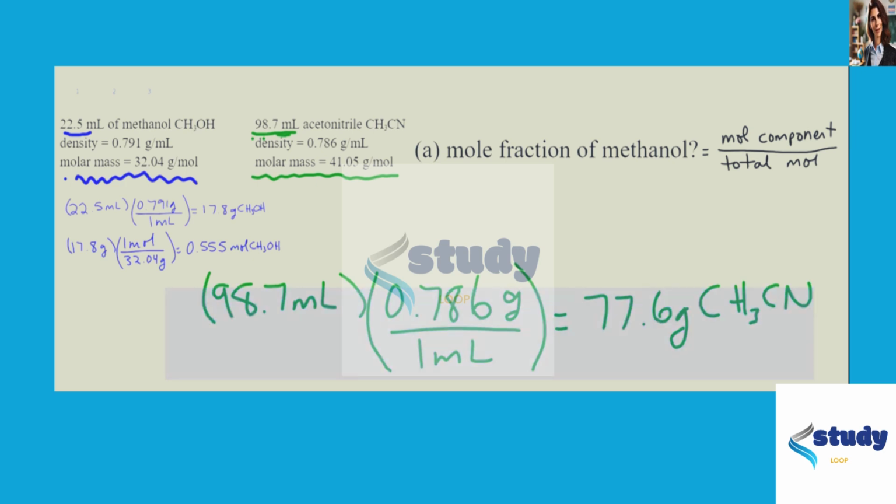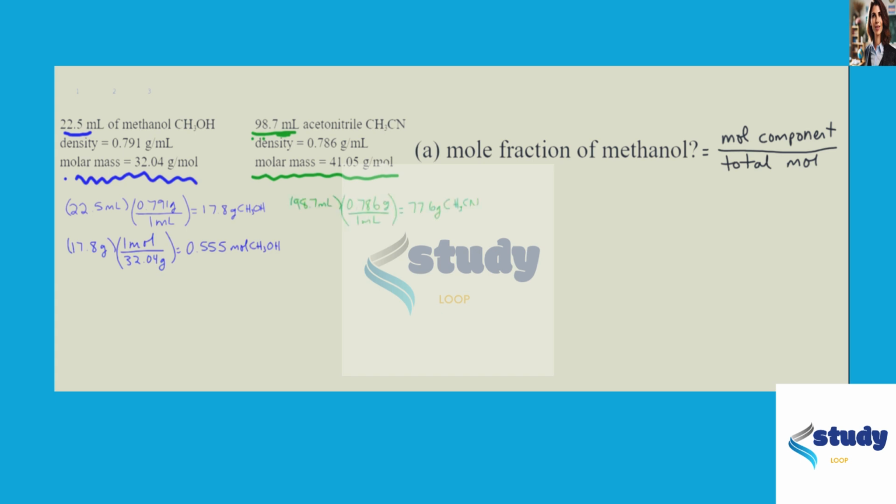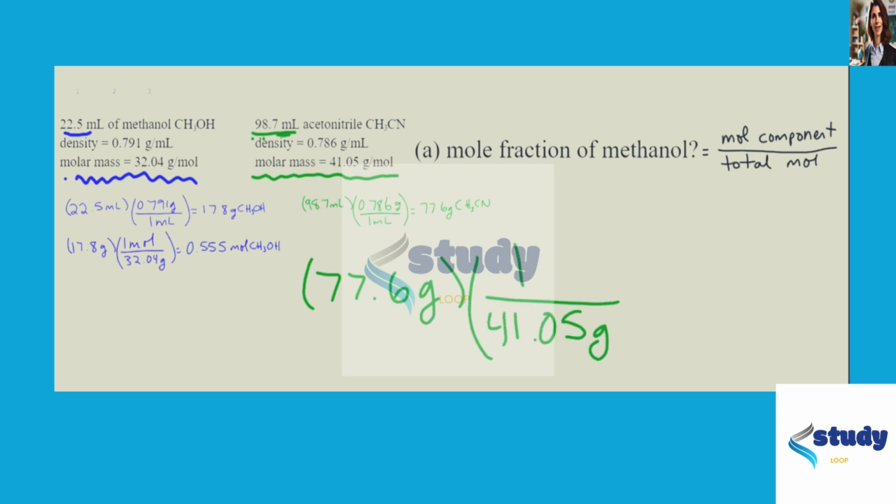Again, I'm going to set that information aside, and we're going to use it to calculate the number of moles of acetonitrile. So again, starting with now the mass and dividing by the molar mass, which is 41.05 grams for every 1 mole. The number of moles of acetonitrile is 1.89. And again, that's moles of acetonitrile.